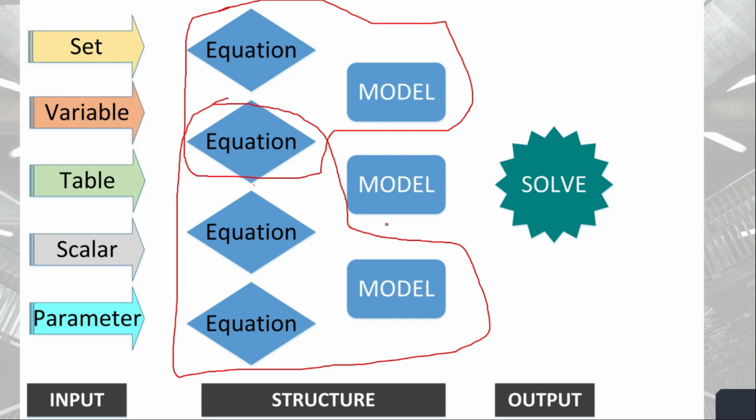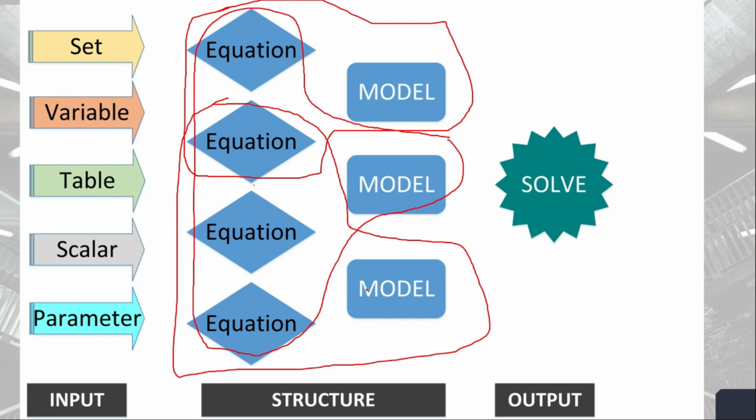Then we want to include all and solve again. So this model consists of all three, and if we want to include all the equations, all the constraints, we can solve in this fashion also. We can make some model to include all, like this middle one, and this model to include only these two, and this model to include the last three. So we can solve in this fashion also.